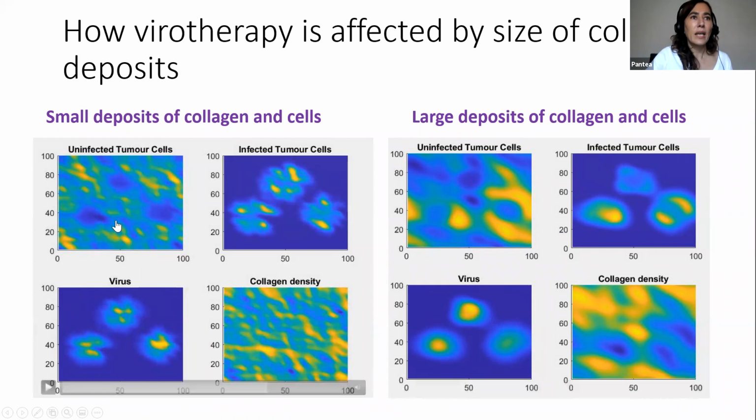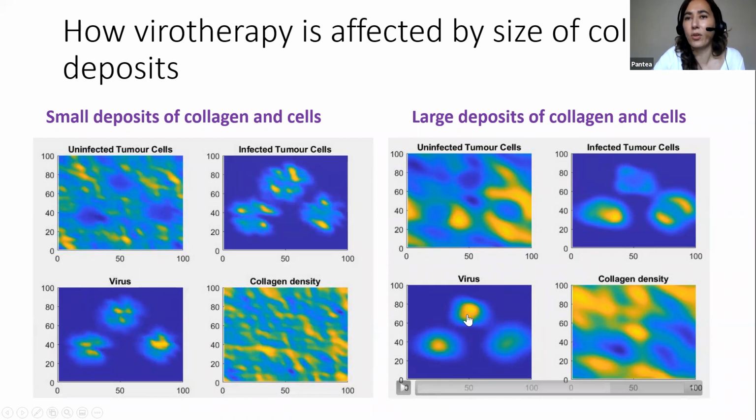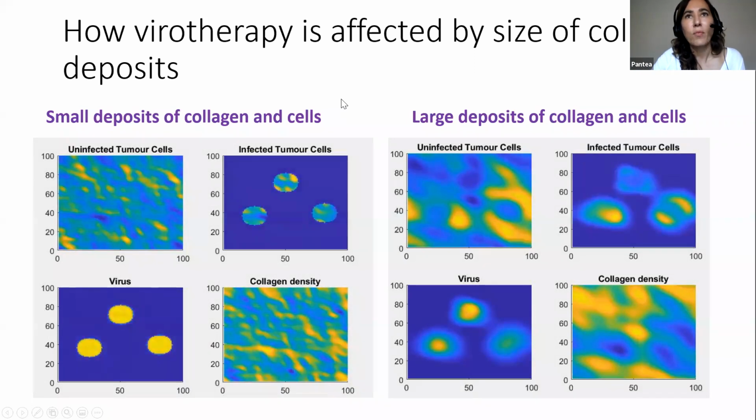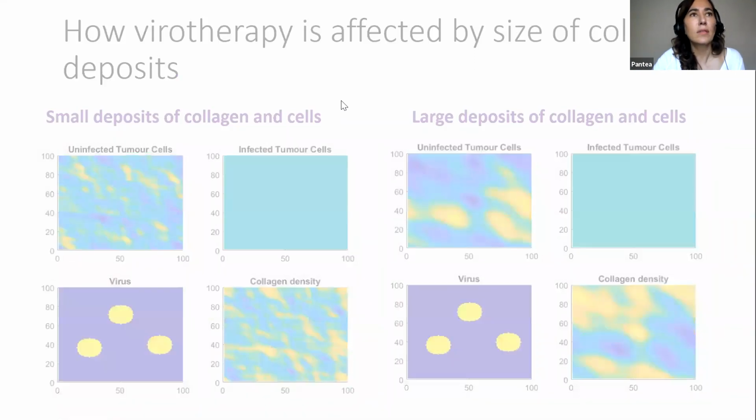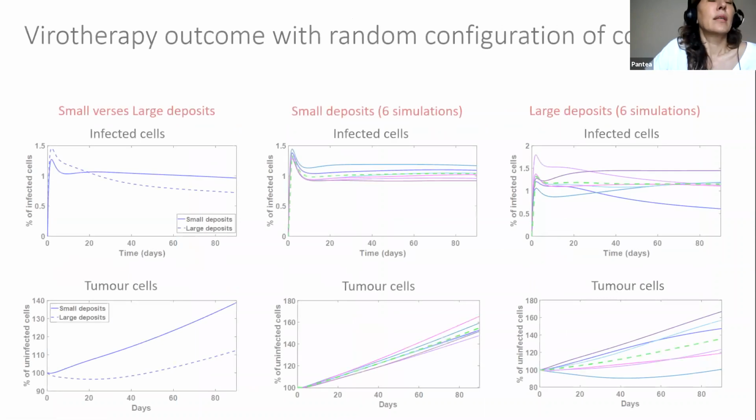So it seems that in the uninfected, with the smaller collagen deposits, we seem to have these kind of viruses that are in smaller clusters. Here it looks like you're getting much bigger virus growth and infected cells. But when I actually then went and looked at the results, this is what I got.